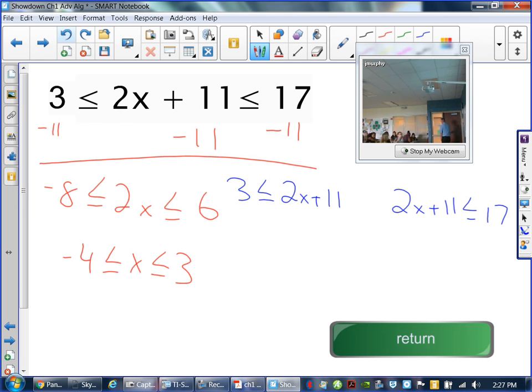The only reason I would do that is because that way I know for certain I wouldn't forget to move the 11 to both sides. Do you have to? No. Is it a suggestion because it kind of makes your life a little bit easier? Yeah. But either one is fine.